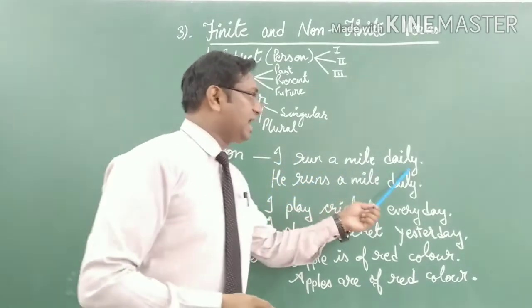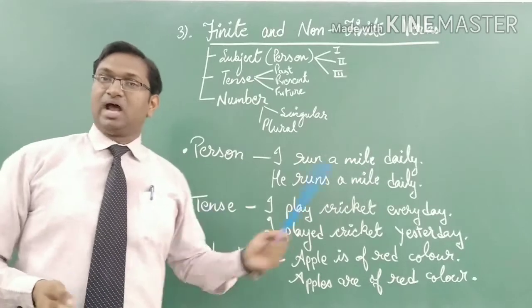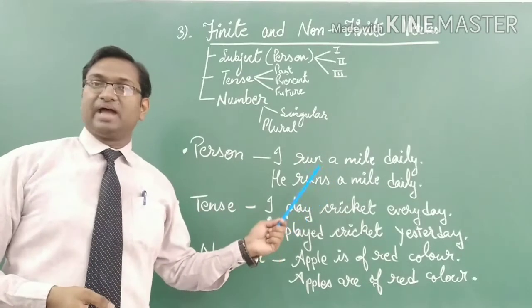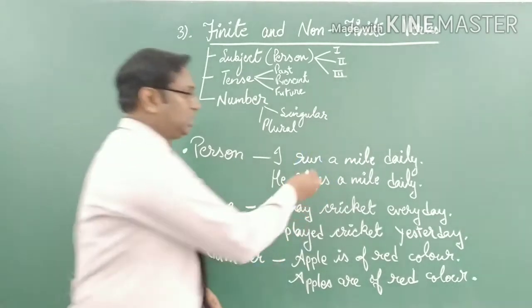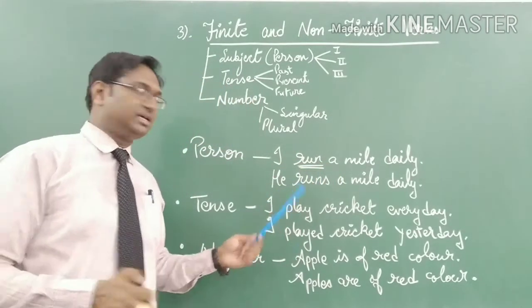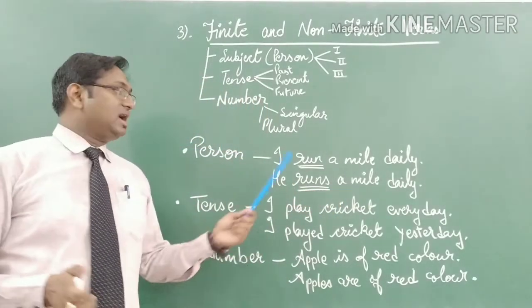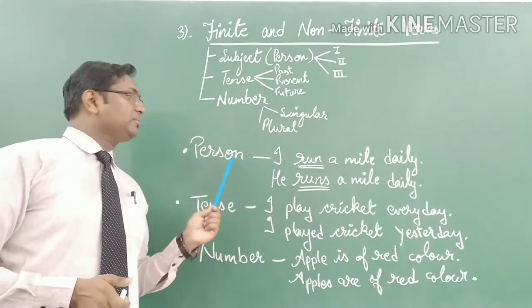I run a mile daily. He runs a mile daily. Now in this sentence, I run a mile daily, verb is run. Second sentence, verb is runs. And over here we are talking about person.